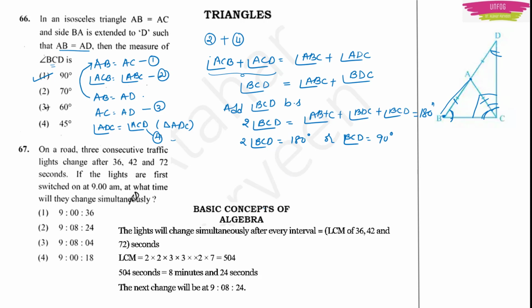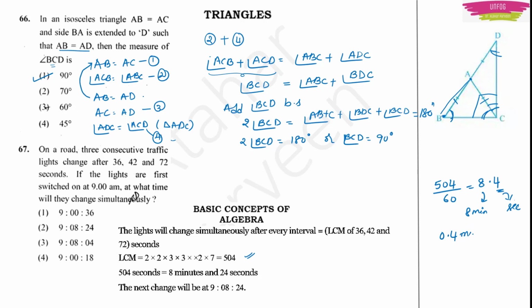Now you convert this 504 seconds into minutes and seconds. How do you convert it? You divide 504 seconds by 60. You will get 8.4 as your answer. Now this is 8 minutes. Now this 0.4, you convert this into seconds.